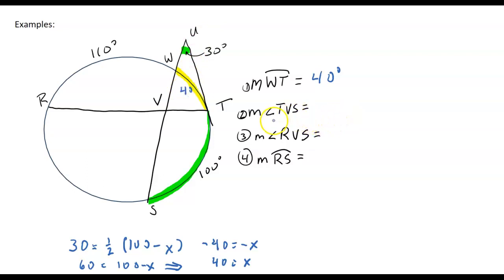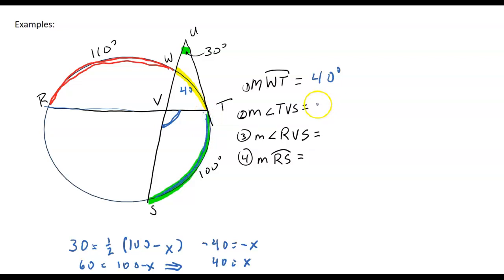Okay, how about the measure of angle TVS? Okay, here's angle TVS right here. It's formed by this chord here and this chord here, which intercept, let's see, I'll do this in red, this arc here and this arc right here.